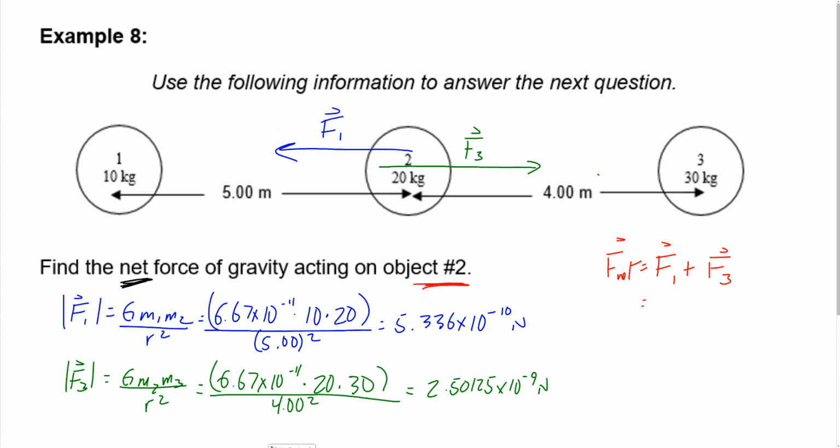We're going to say F1 is 5.336 times 10 to the negative 10. F3 is 2.50125 times 10 to the negative 9.